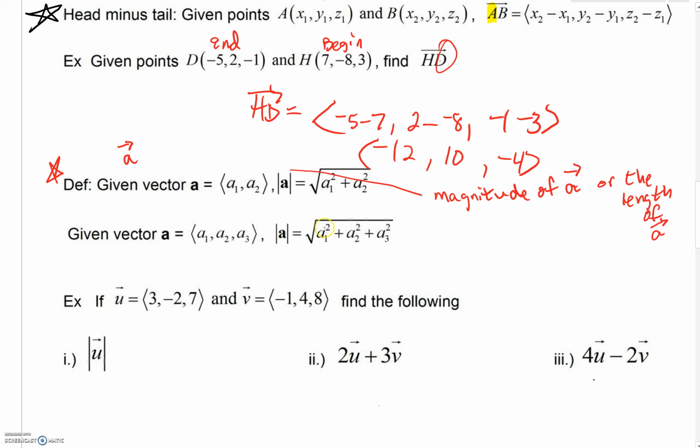Even in 3D, you just throw in your z component: the square root of your x component squared plus y component squared plus z component squared.